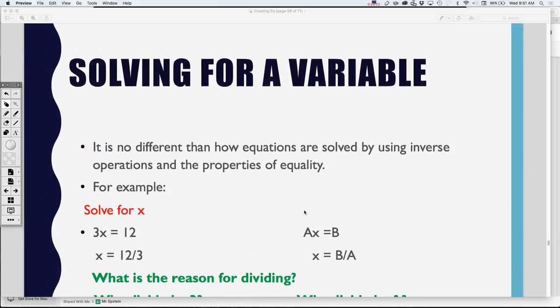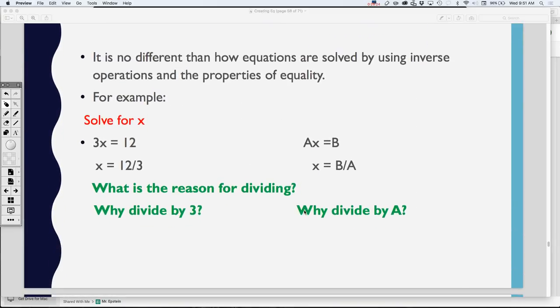So this slide, go ahead and start copying it. It is no different than how equations are solved by using inverse operations and the properties of equality. For example, when you're solving for x, you have 3x equals 12. You would do the inverse operation and divide by 3 both sides and get x equals 4. Here, instead of 3, you have an a.